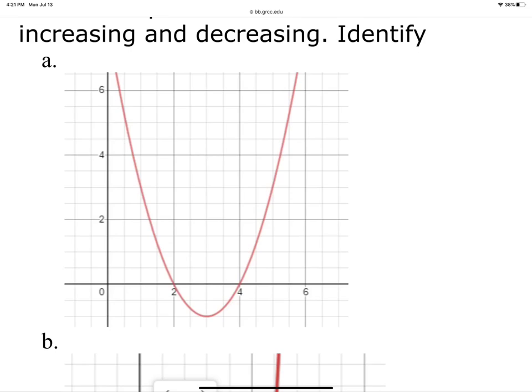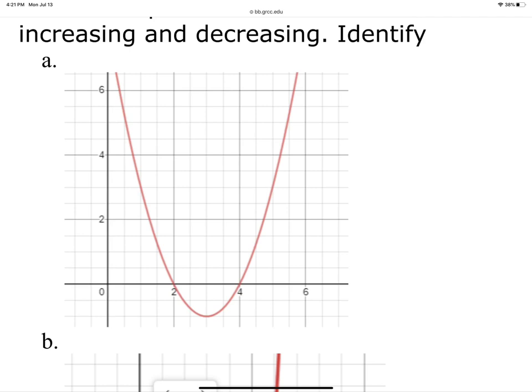If you look at the graph that we have here, I'm going to pull the graph up so we can use it.